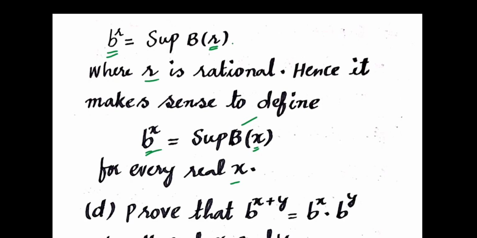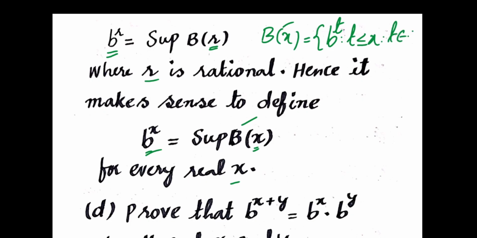Actually, in the first part, we have to define a set, B of x. Then we have to show that this set consists of numbers of the type b raised to power t, where t is a rational number and t is less than or equal to some real number x.